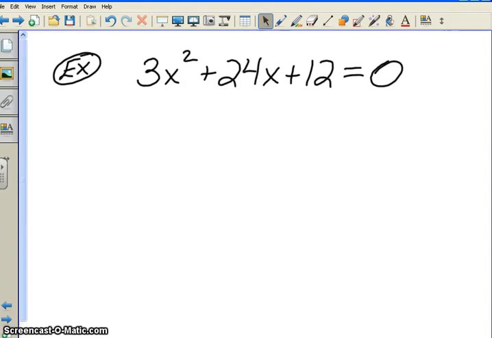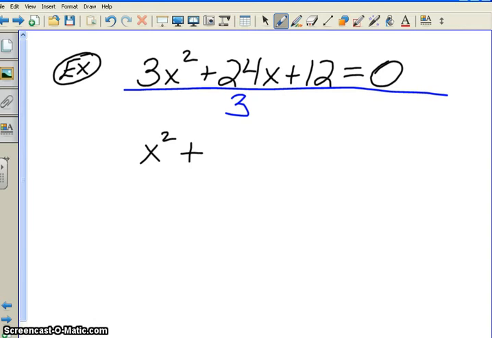Now let's do one with an a value in the front. We have a 3x squared. So to get rid of that 3 in the front, we're going to divide everything by that 3. So that 3x squared divided by 3 will make x squared, plus 24x divided by 3 will make 8x, 12 divided by 3 will make 4, equals 0.